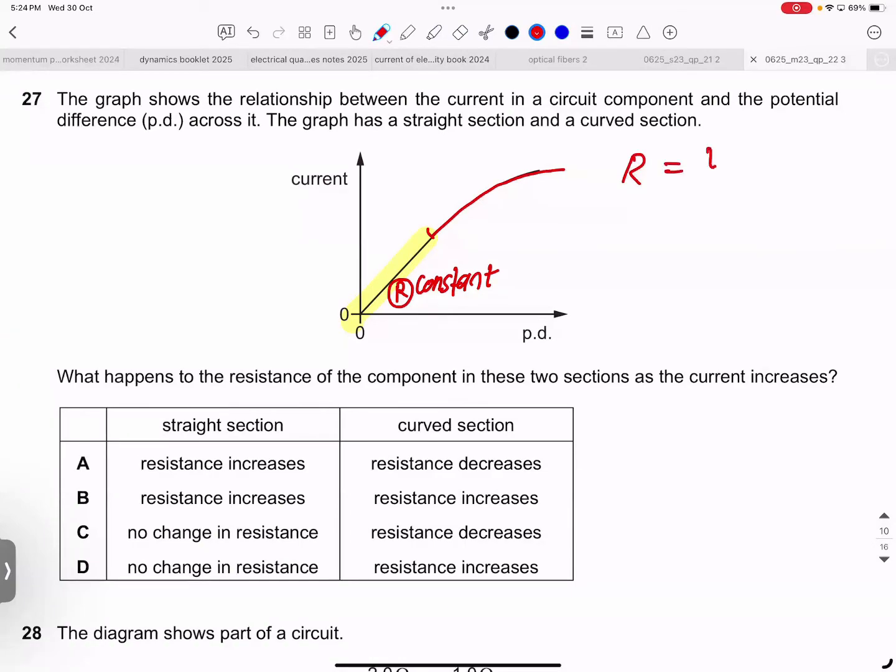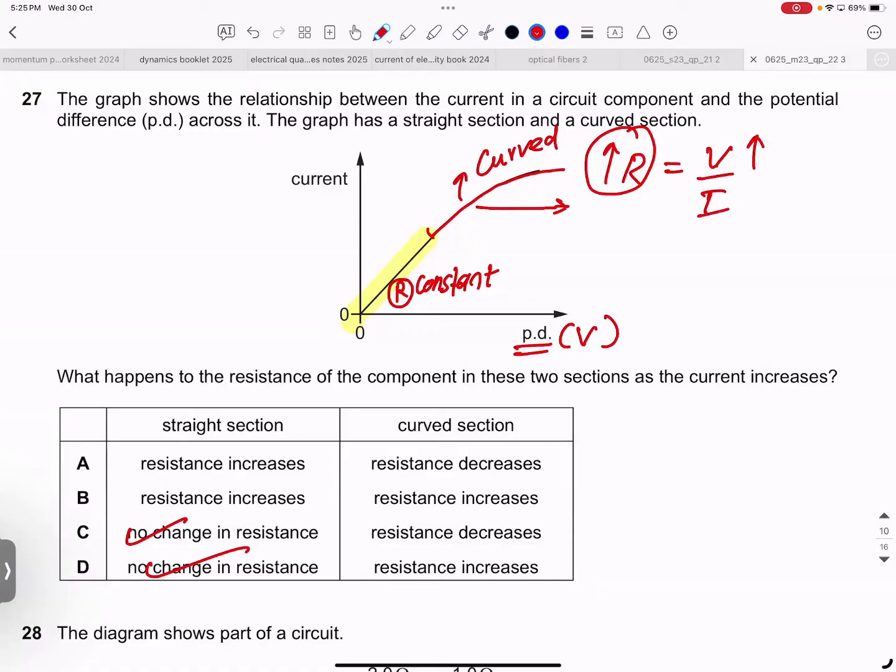Resistance is V divided by I. In the curve section, is V increasing more or I increasing more? V. If V is increasing more, then resistance is also increasing. So straight section has constant resistance, curve section has increasing resistance. Option is D.